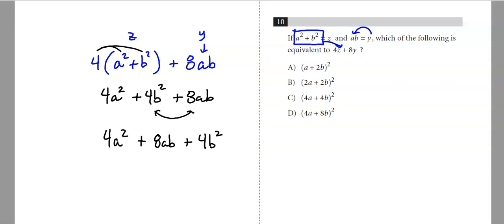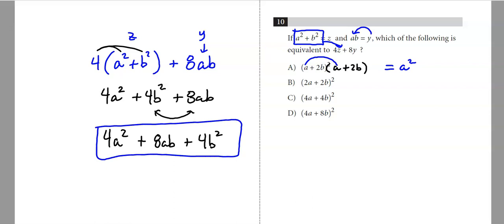And basically, remember, these squareds just mean you're taking the first thing and multiplying it by itself. And really, you only have to do the very first piece, because if you notice, when you do FOIL, the acronym for first, outside, inside, last, when you do the first two terms here, you only get a squared. So I know this is what I'm hoping my answer comes out to be.